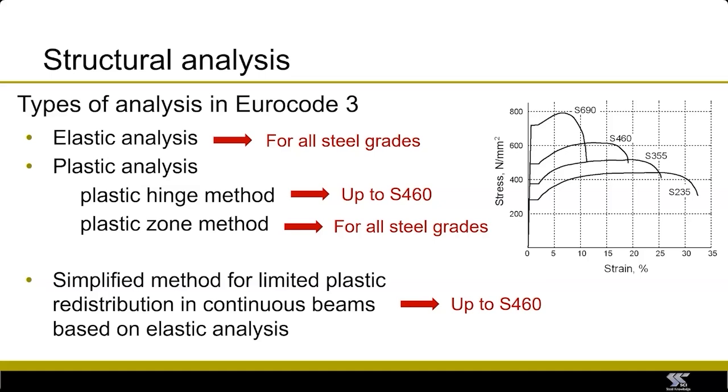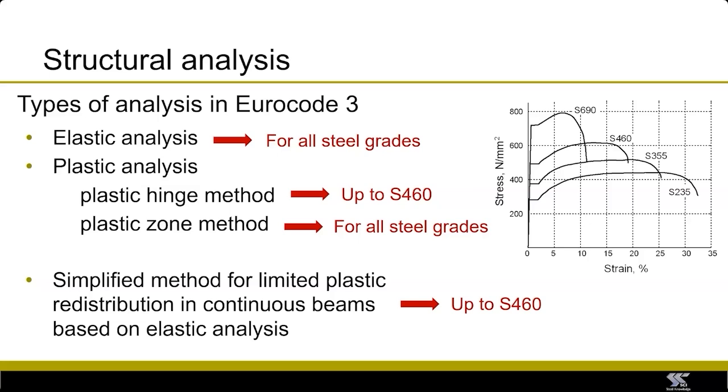Now, although plastic hinge analysis is not permitted for steel grades greater than S460, Eurocode 3 Part 1-12 permits the use of a non-linear plastic analysis, which is able to capture the partial plastification of members along their length and within their cross-section.